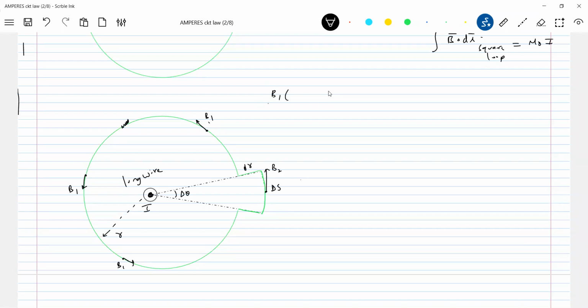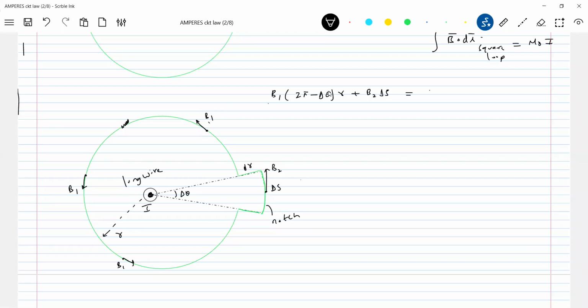It will be B1 into the arc length, which is (2 pi minus delta theta) r, plus B2 into the notch. This is the notch, I deformed it. What is the arc length of the notch? Let it be ds.